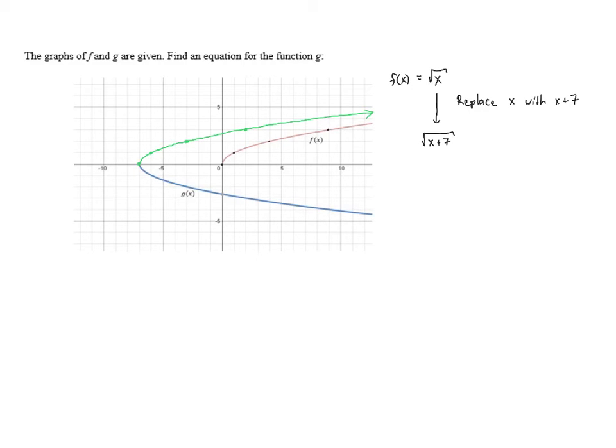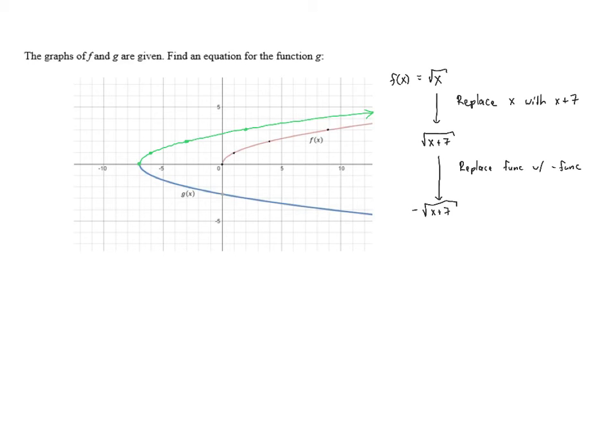To do a vertical reflection, we need to replace the function with the negative version of the function. So replace the function that we have with the negative version of the function, and that would give us negative square root of x plus 7.